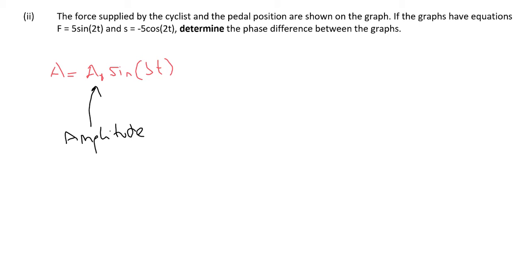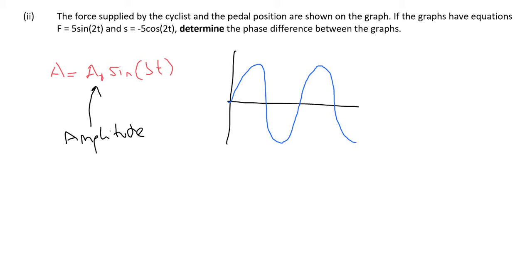So if we sketch these graphs, the first one is a sine graph, which looks kind of like this. The next one is a minus cosine graph, which is going to look like this. Okay, so the normal phase difference between a sine and a minus cosine graph would be pi over 2, but because inside these brackets we've got 2's, that essentially squashes the graphs.